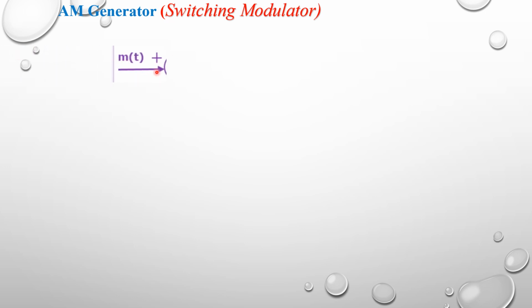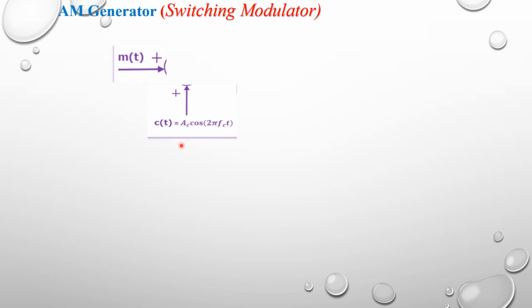The message signal is represented as m of t, equal to Am cos 2 pi fm t, where Am is the amplitude of the message signal, fm is the frequency of the message signal, and t is time. The carrier signal is c of t equal to Ac cos 2 pi Fc t, where Ac is the amplitude of the carrier signal and Fc is the carrier frequency.